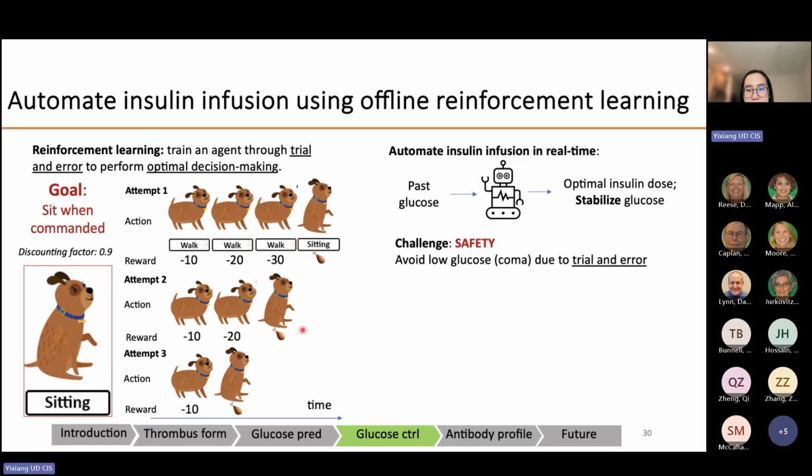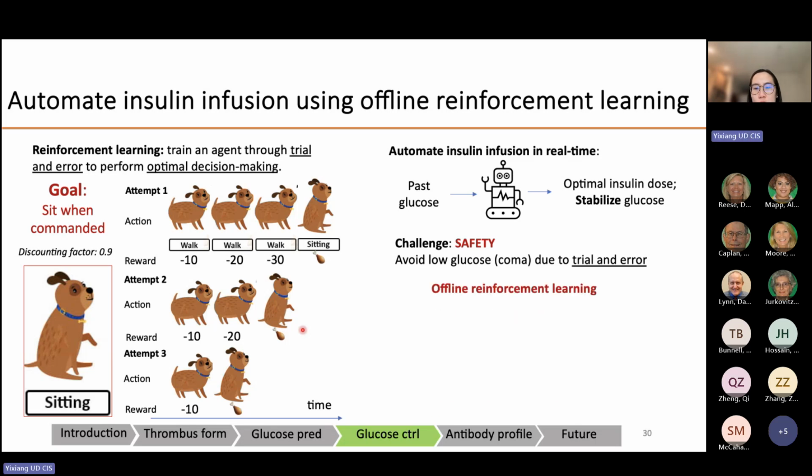The challenge of this study, or actually all biomedical data studies, is that we need to avoid the consequence of errors in the training step. Specifically, I want to avoid low glucose, which may lead to coma during this training process.